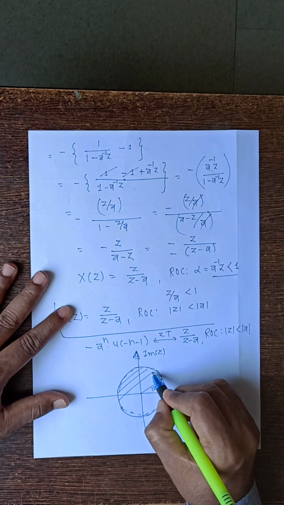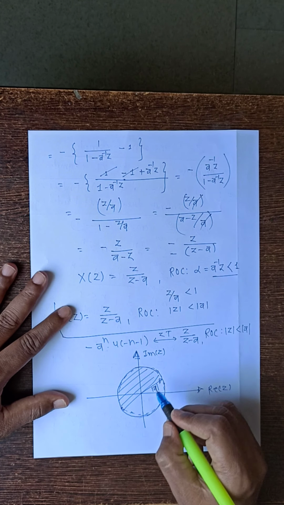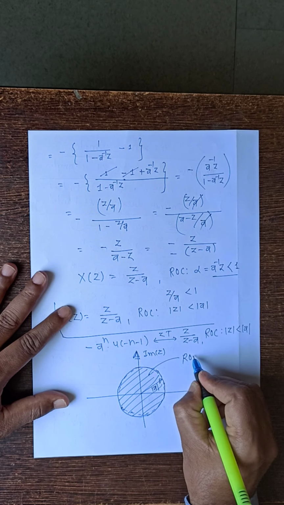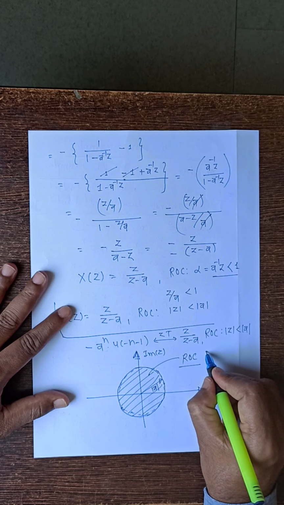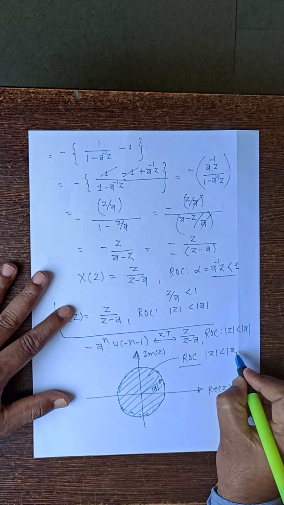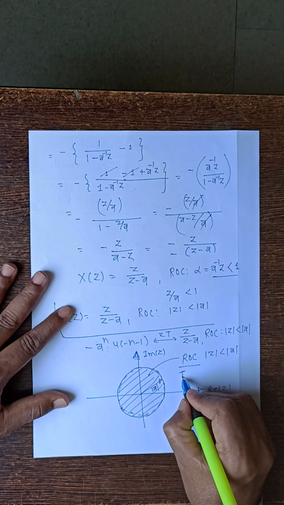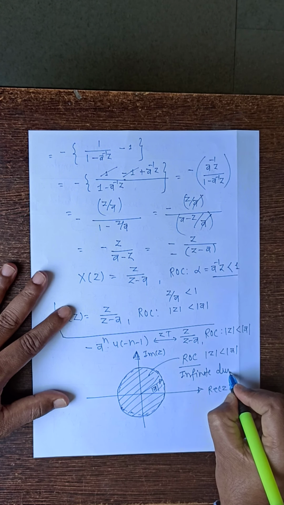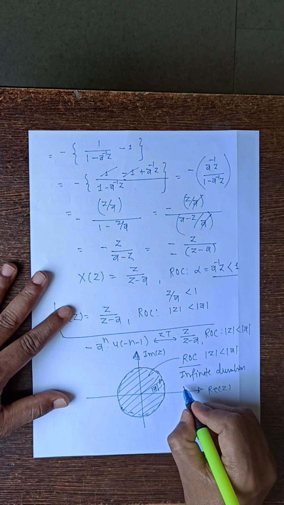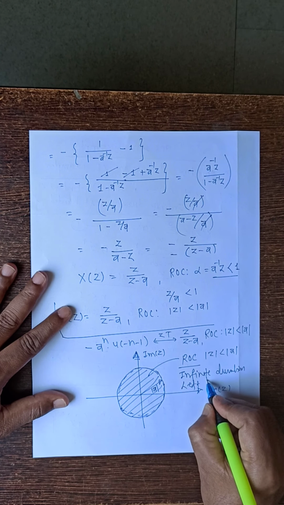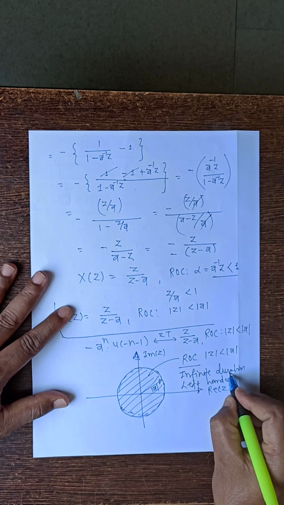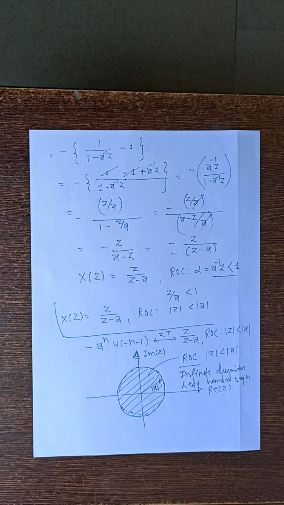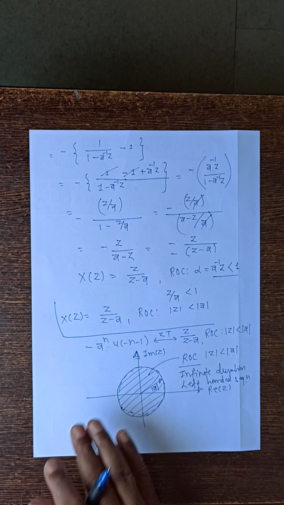The inside part of the circle. So this is the ROC of magnitude of z less than magnitude of a, that is an infinite duration left-handed sequence. Okay, so this is the example.